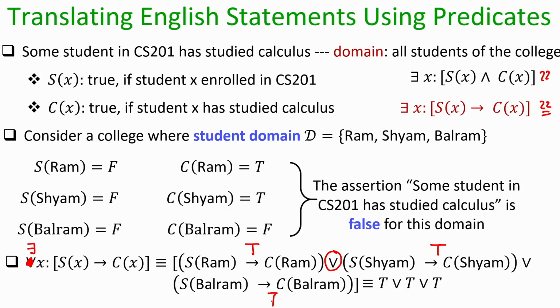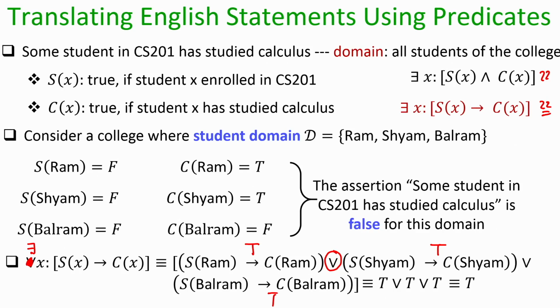S of Ram implies C of Ram will be true, because S of Ram is false and false implies anything is true. S of Shyam implies C of Shyam will be true, because S of Shyam is false and false implies anything is true. And S of Balram implies C of Balram is also true, because false implies false is true, and a disjunction of truths is always true.